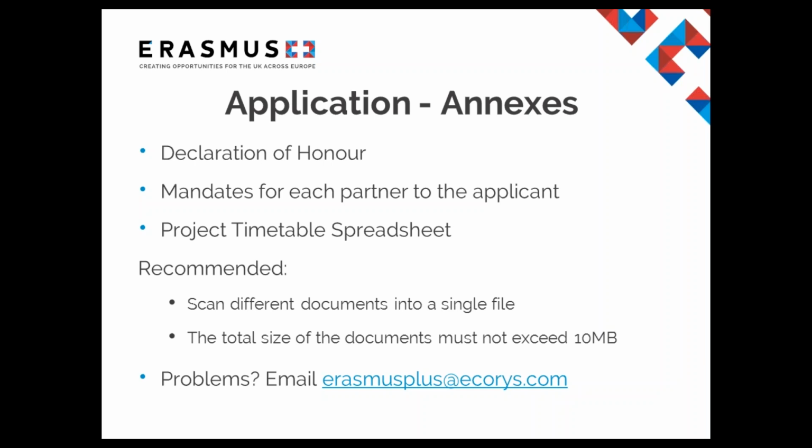If, after checking that the annexes are within the size and file format limits, you're still experiencing problems with attaching annexes, you can email them to erasmusplus@ecoris.com, clearly stating which application form they relate to by providing the application hash code and your organization's details as well as the project name. But please only do this as an exception and ensure you have followed all the available guidance first.